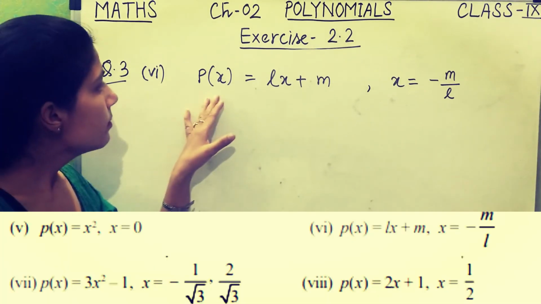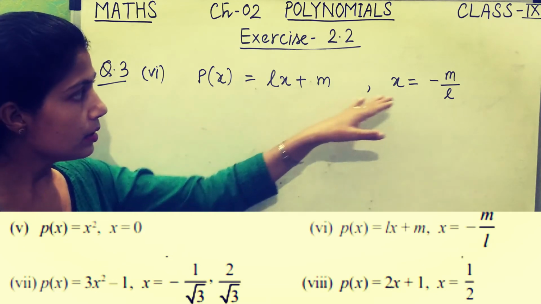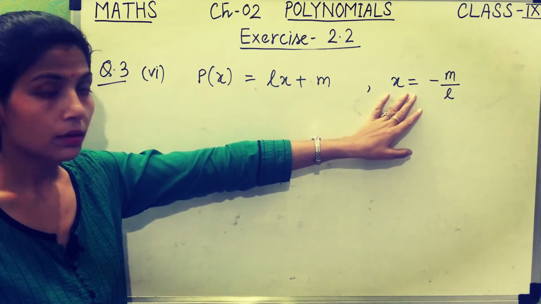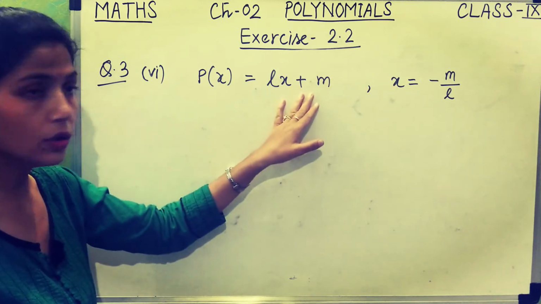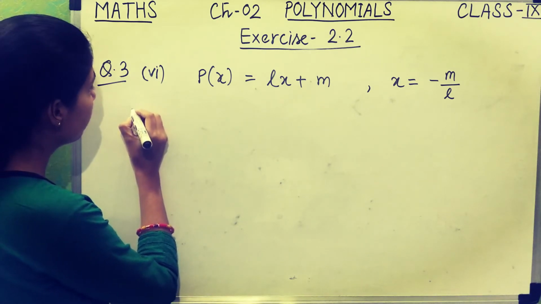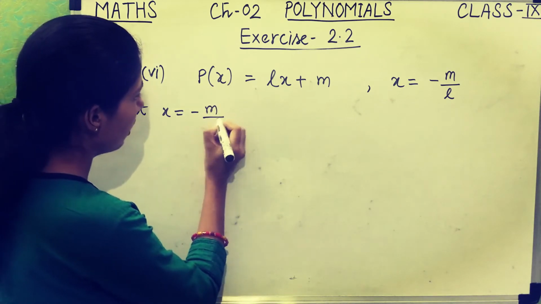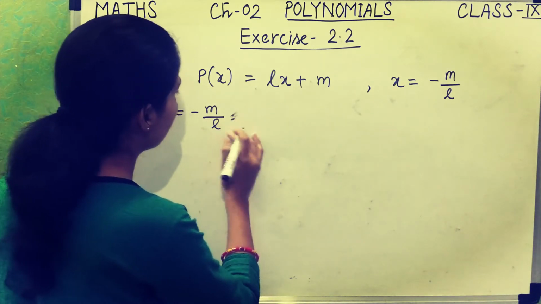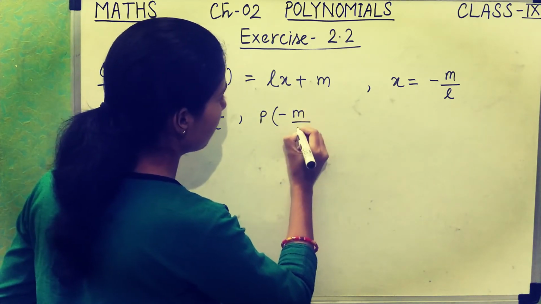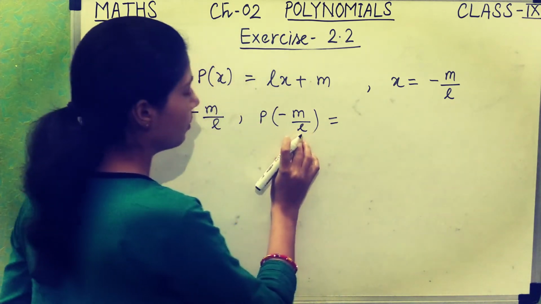The sixth part is p(x) equals lx plus m. The given polynomial is this, and you have to check whether this value of the variable is a zero of this polynomial or not. So let's take x equals minus m upon l. You have to put this value in place of x.